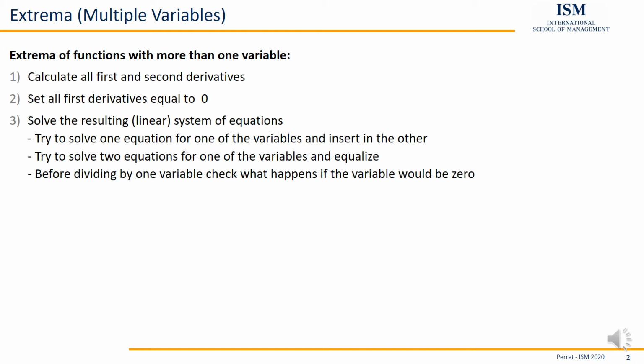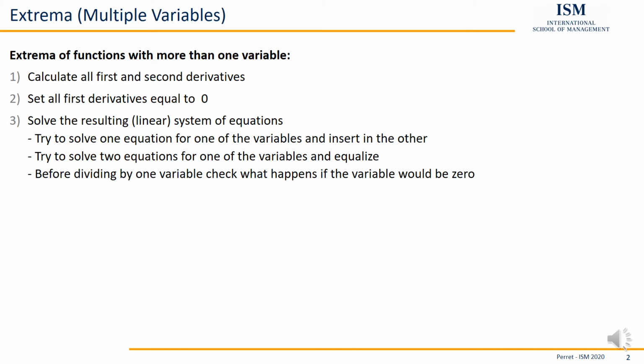You should also do this with one variable, but here it becomes more important because you can get even more solutions than just the one where, for example, only x is 0. So take special care to always differentiate between this variable is 0 and this variable is not 0, and only if it's not 0 can you divide by it.